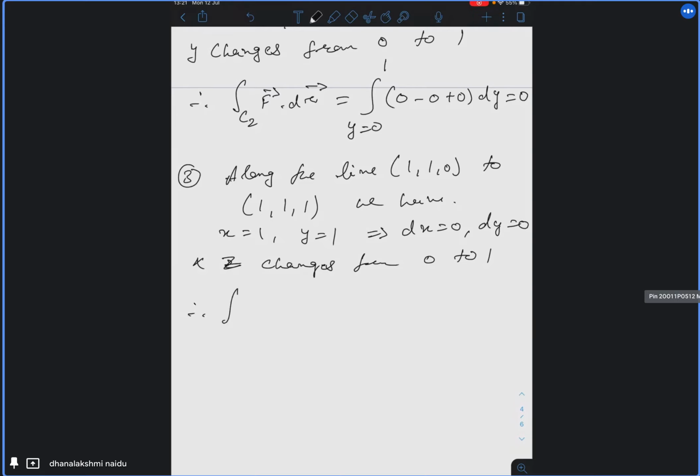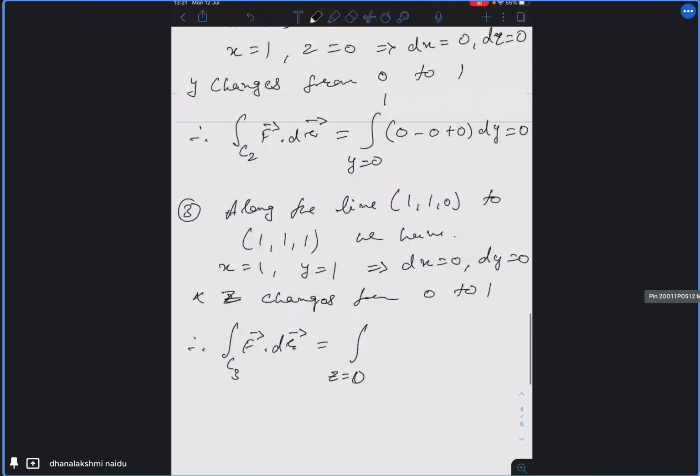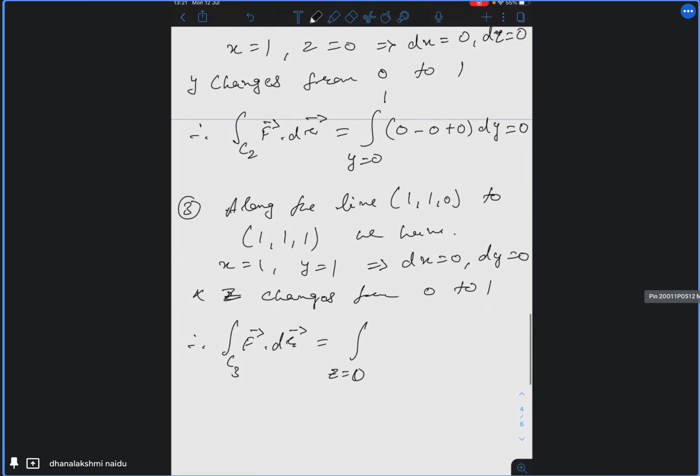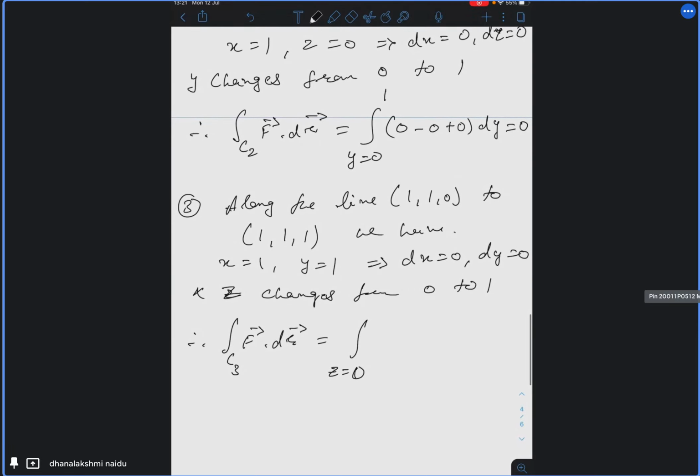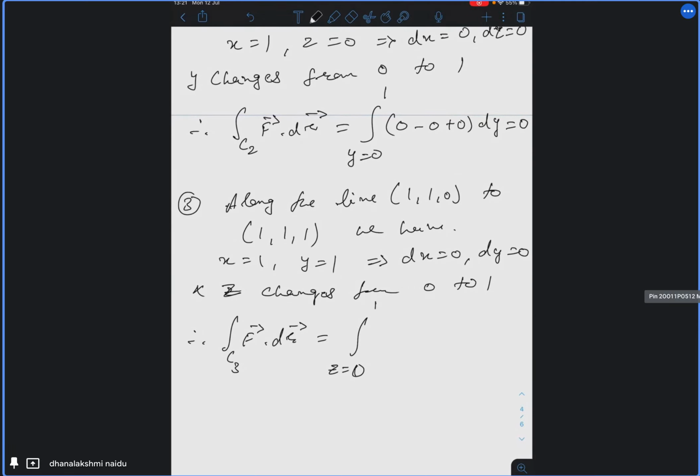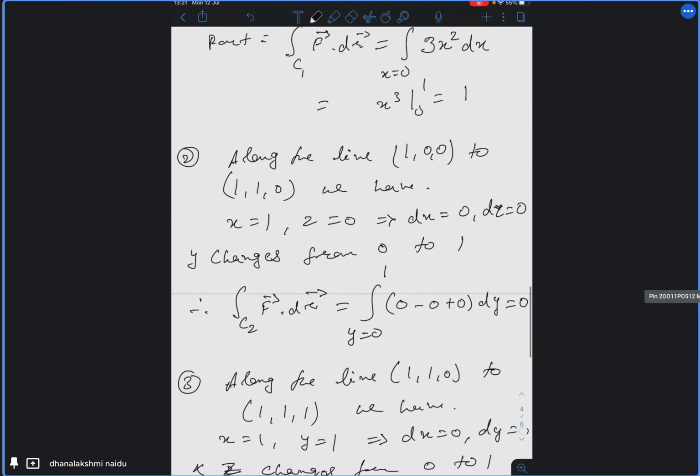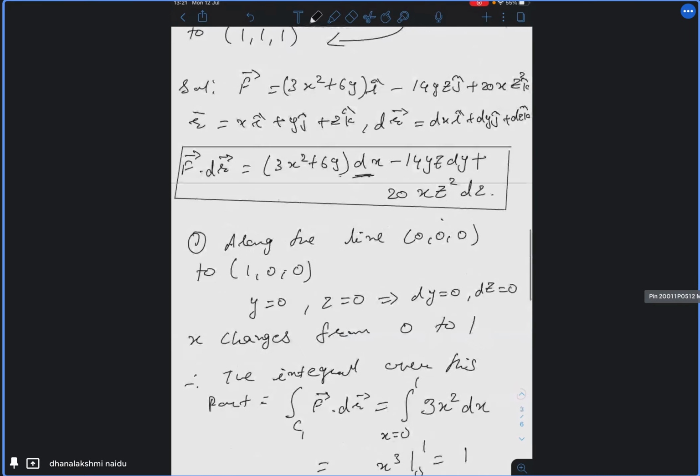So therefore integral over C3 of f bar dot dr bar will be equal to integral z from 0 to 1. Is it 0 to 1? Yeah, 0 to 1 only. Look at the function again.